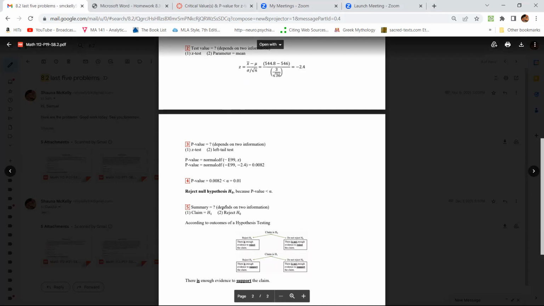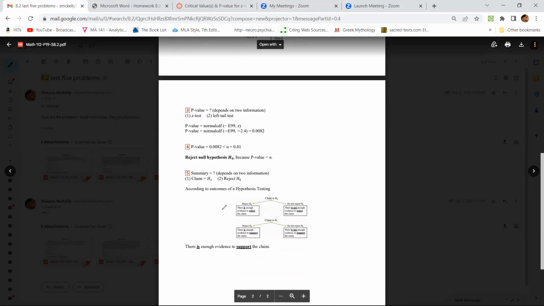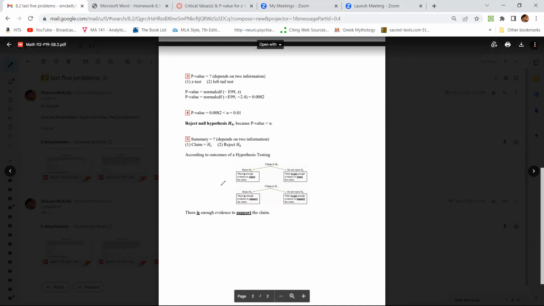Now you do not have to copy the flow chart, but you'll find this in all of her solutions. Refer to the flow chart to write your conclusion. Your claim here was H1. We said mu was less than 546, if you remember, and we just rejected the null.